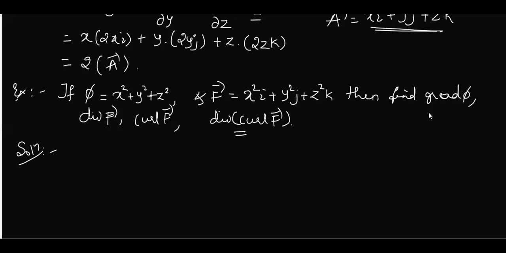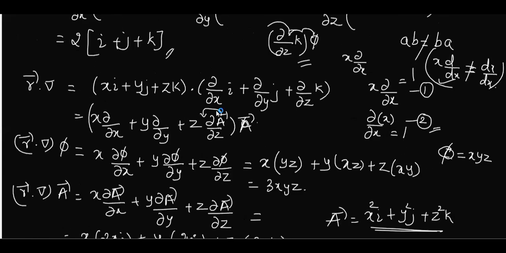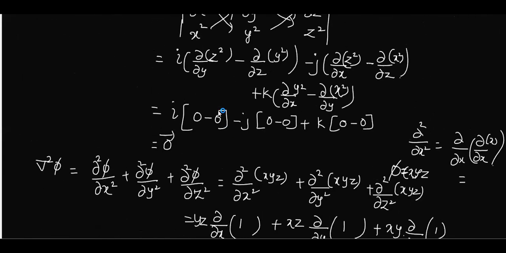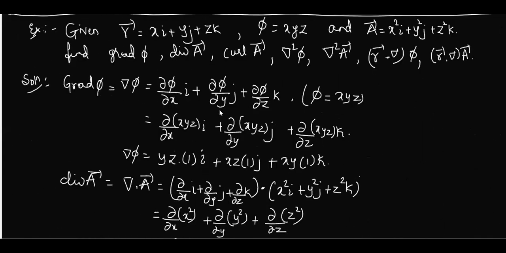Shall I solve or will you try? Okay, so here first always you should find the bracket quantities, then we can go for the outside. So we'll find what is curl of F. Isn't it the same thing? This F is the same as this A, only the notation is different.